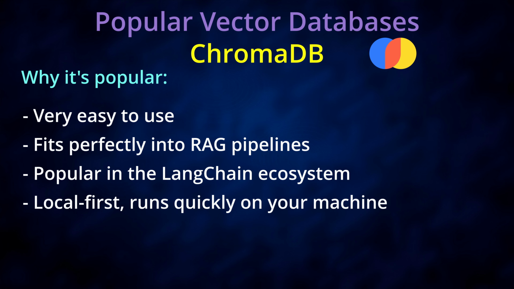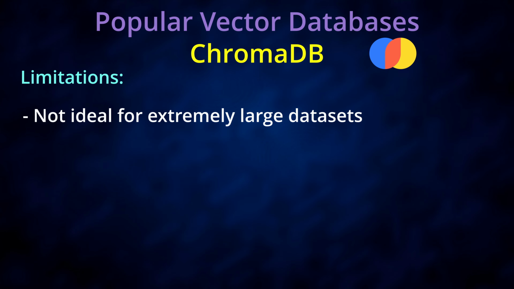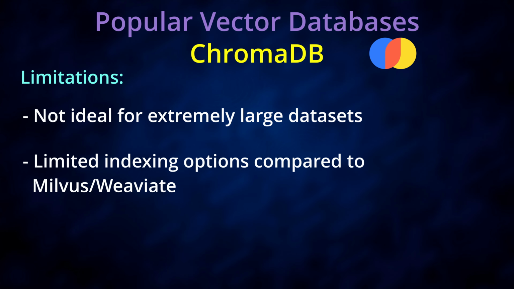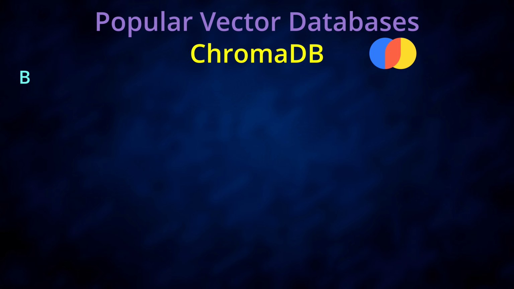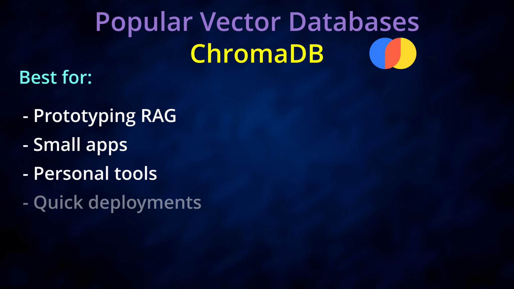Local first, runs quickly on your machine. Limitations. Not ideal for extremely large datasets. Limited indexing options compared to Milvus, Weaviate. Best for prototyping RAG, small apps, personal tools, or quick deployments.